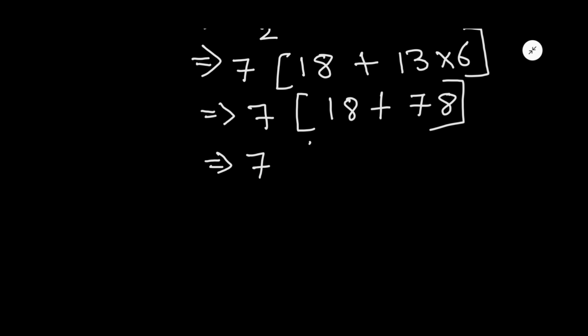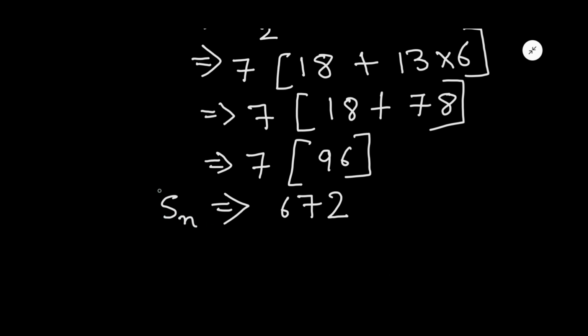So 78 plus 18 is equal to 96. 96 into 7 is equal to 672. So the final answer is 672. So the sum of the given arithmetic progression is equal to 672.